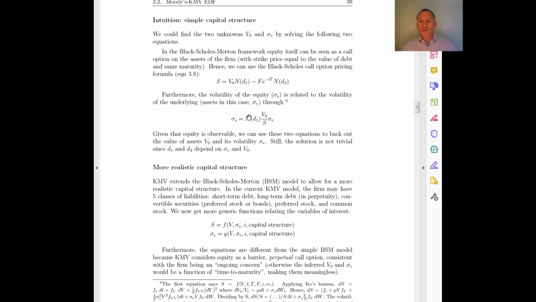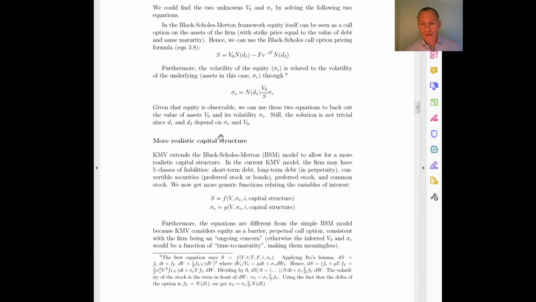So this is the main intuition for what they do. Two equations to find these two unknowns. In reality, today, what they do is something a bit more sophisticated, because in reality, firms do not have a capital structure that is as simple as the Merton model suggests. So instead of these two equations, KMV uses two other equations that are more complicated.